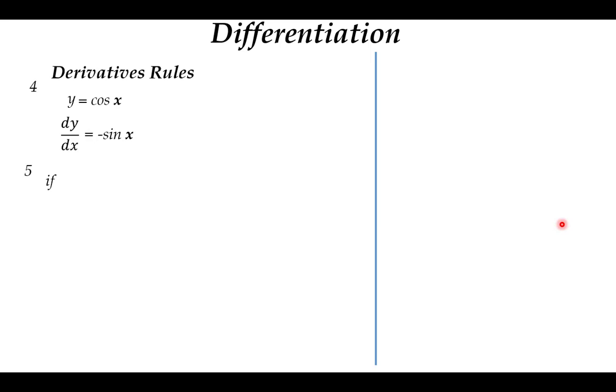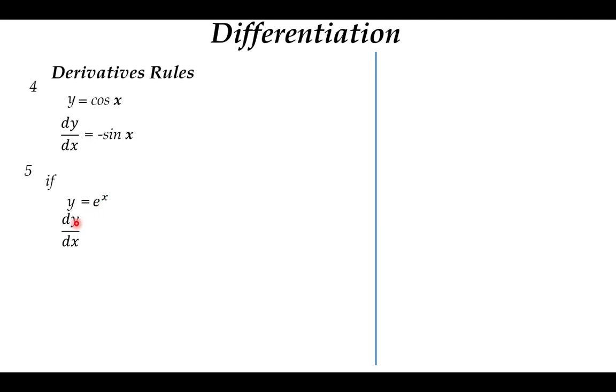Rule 5. If y is equal to exponential x, exponential means natural exponential, where this e is a constant value. 2.718 is the value for e. So this is 2.718 raised to the power x.